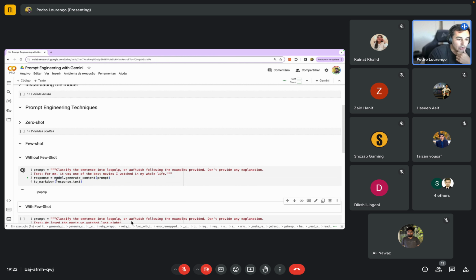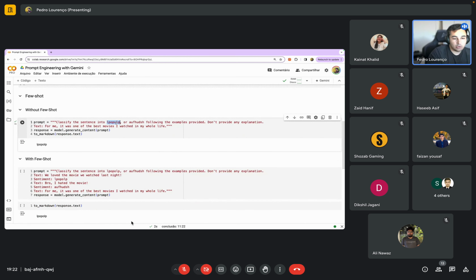Yeah, so we don't know, because we didn't provide an example. But here, let's see, classify the sentiment into this one or this one. Okay, this one is positive and this one is negative. So we can see that the model answered right, but let me run it a few times more, because it was returning the wrong answer for me before.